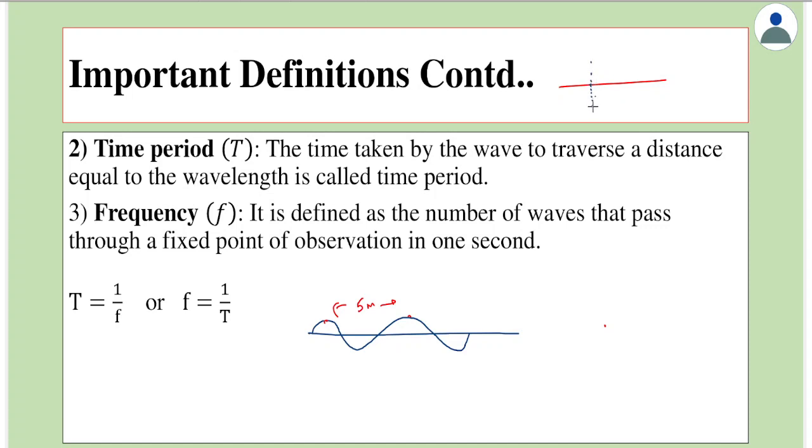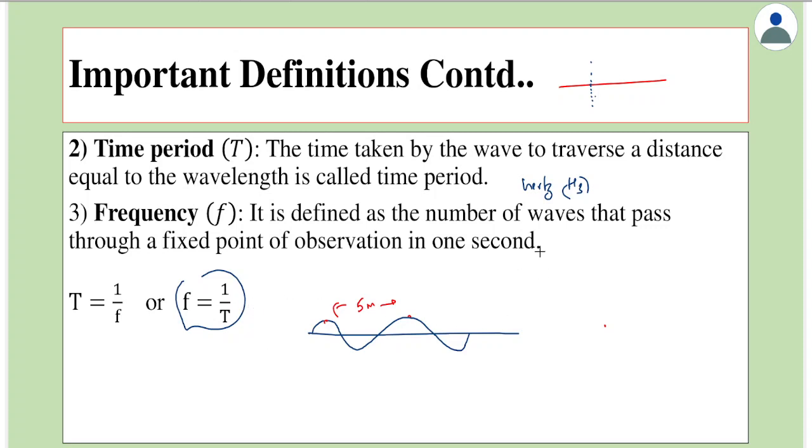That's called frequency. Frequency is measured in hertz, given as Hz. We can also prove that frequency is equal to 1 by time period. We'll prove it later. For now, understand that frequency is given as 1 by time period.